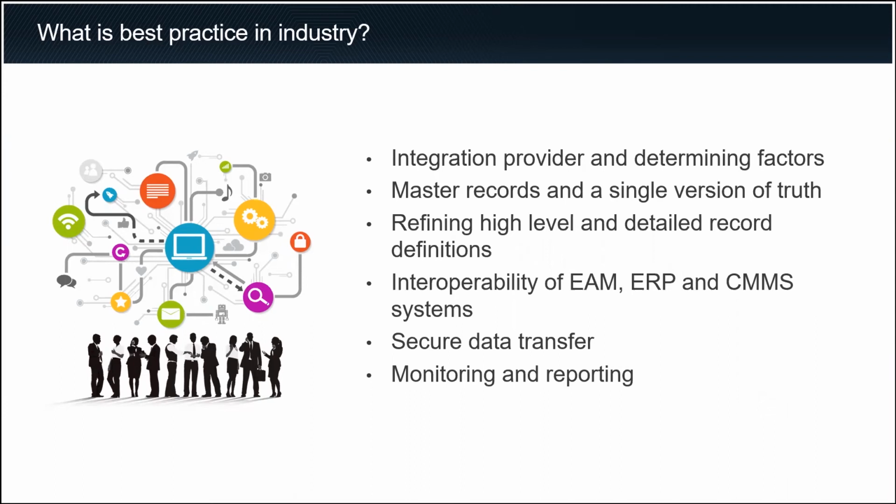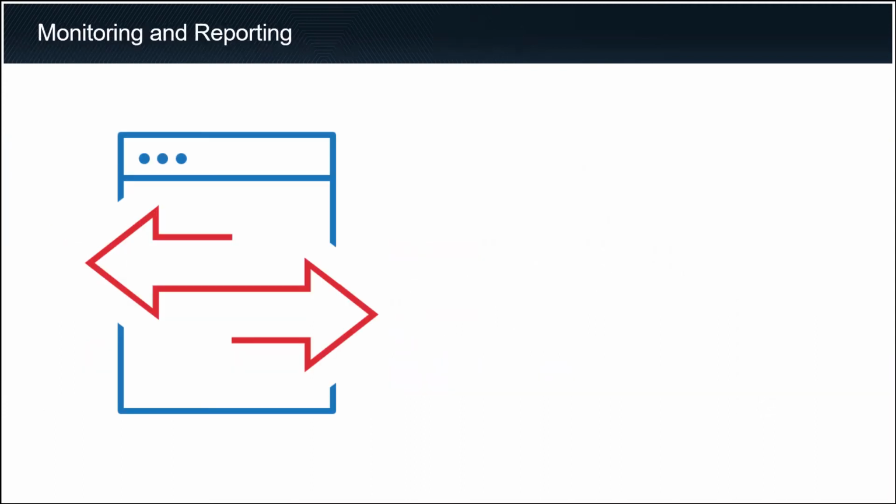And to that point, I quickly just want to go through some details and some stats that we actually sit with on a daily basis in terms of how important it is to have monitoring and reporting in place.